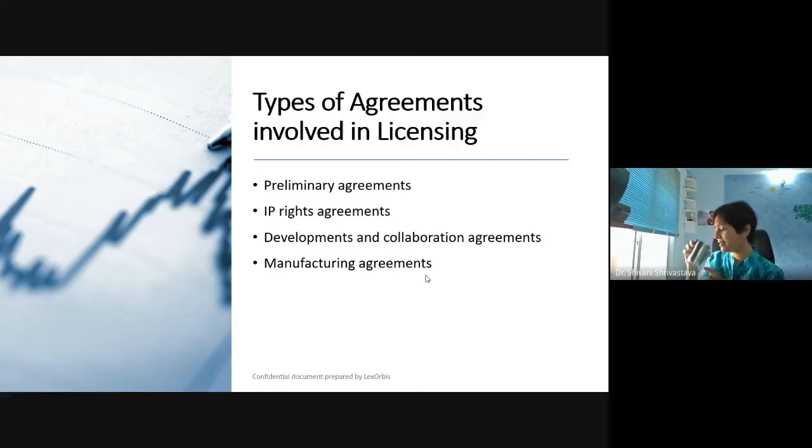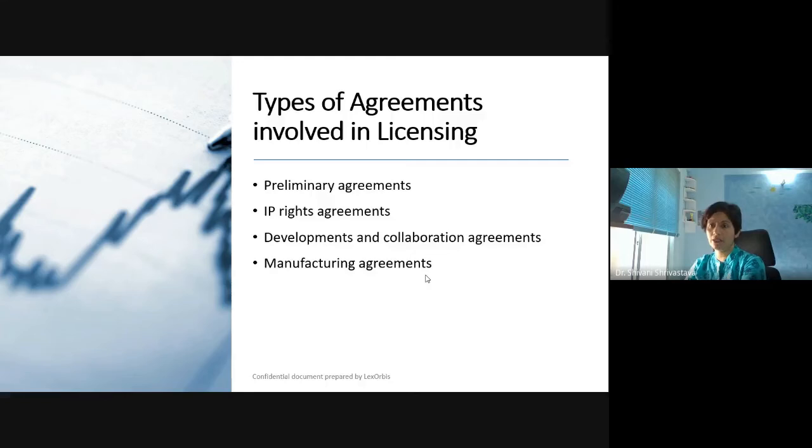Then we discussed the license agreement. There can be many other agreements being signed during the transfer of the technology. The first we can say are preliminary agreements, for example, an NDA, non-disclosure agreement.